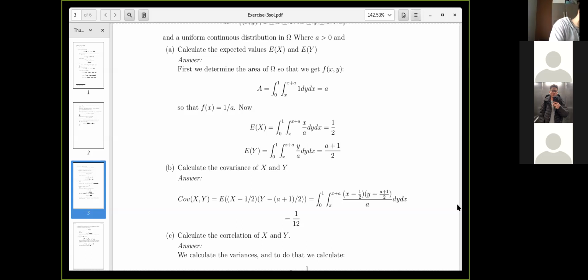So it should come down to the integral from x to x plus a. I'm going to leave this 1 over a outside and get xy minus 1/2 y plus a plus 1 over 4 minus x.